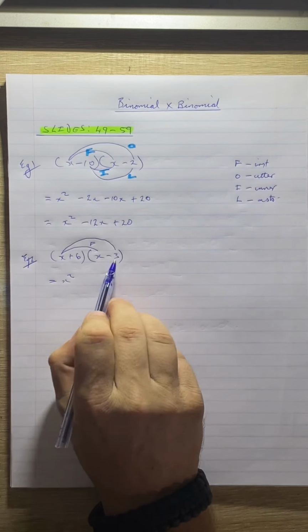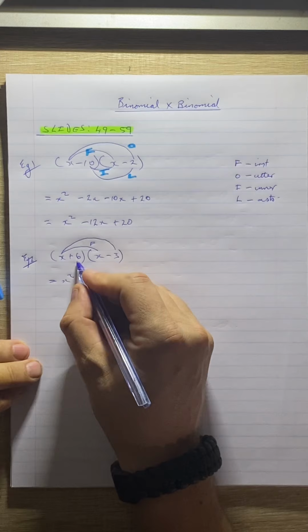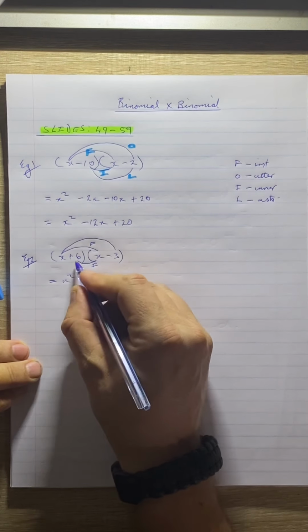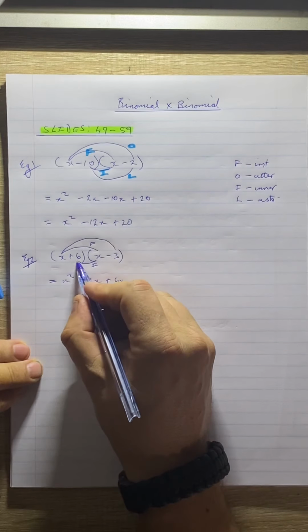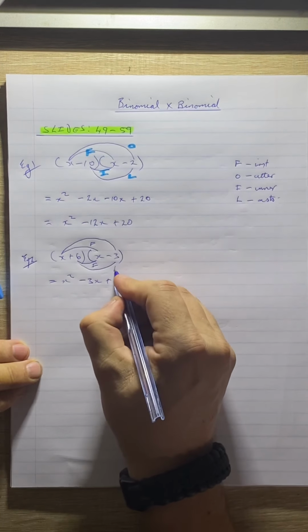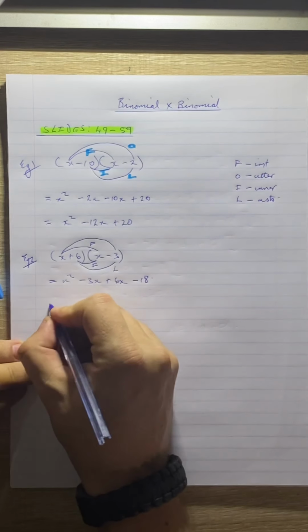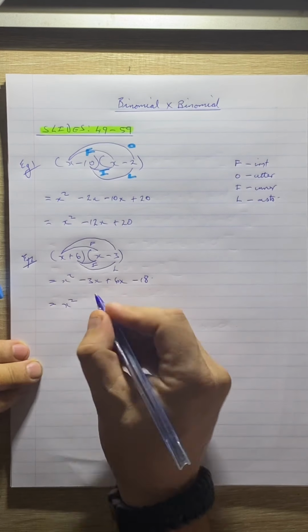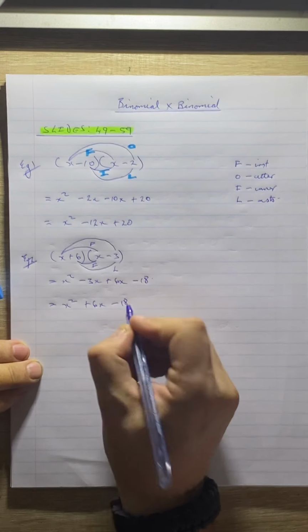So x times minus 3 is minus 3x. Move on to the inners. So 6 times x is plus 6x. And then we've got the lasts. So 6 times minus 3 is minus 18. We get like terms together, so we've got x squared plus 6x minus 18.